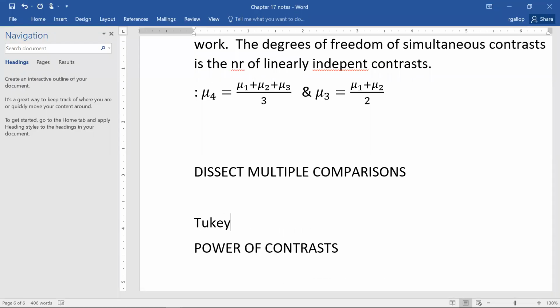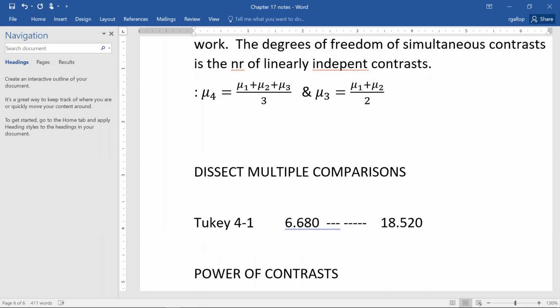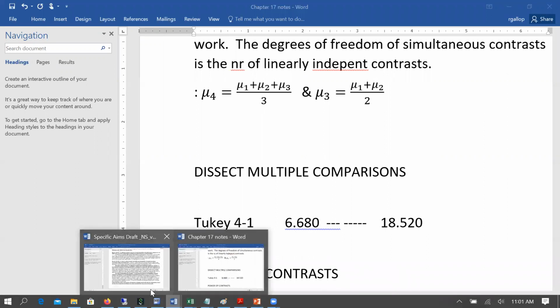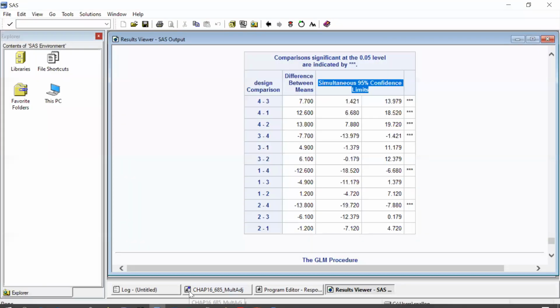Right, so Tukey 4-1 comparison. We go, okay, this goes from 6.680 to 18.52. So we got that with the Tukey. That's the 4-1 comparison.